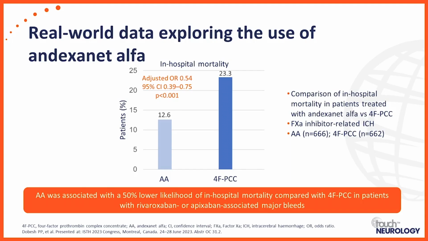Again, the mortality rate turned out to be significantly lower in those patients who did receive andexanet alpha. In fact, the percentage of patients who died was 12.6% in the andexanet alpha group, compared to 23% in the group treated with 4-factor PCC.